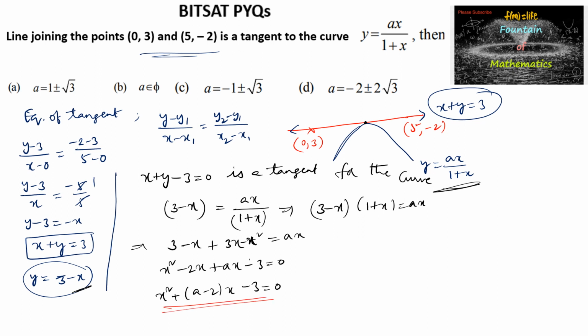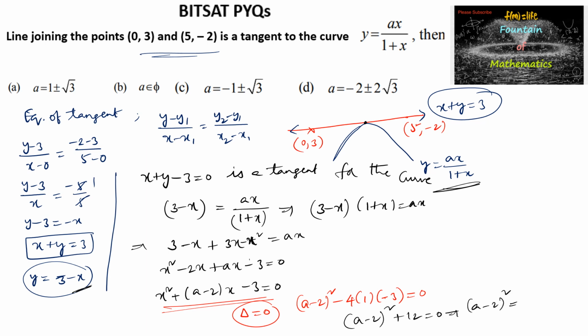Since the given line is a tangent, we must have equal roots, that is delta is equal to 0. So the discriminant, b² − 4ac, we can write (a − 2)² − 4 × 1 × (−3) = 0, that is (a − 2)² + 12 = 0, which is not possible since (a − 2)² would be equal to −12, which is not possible.